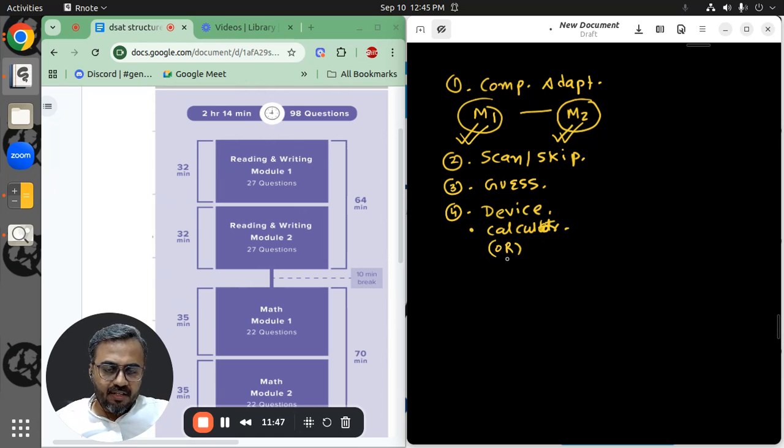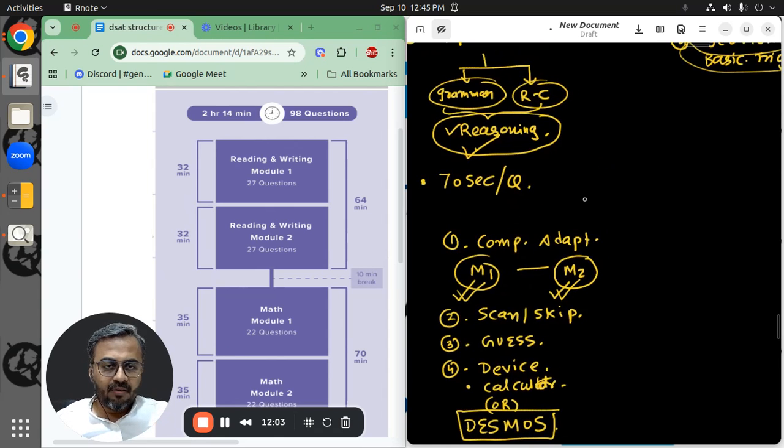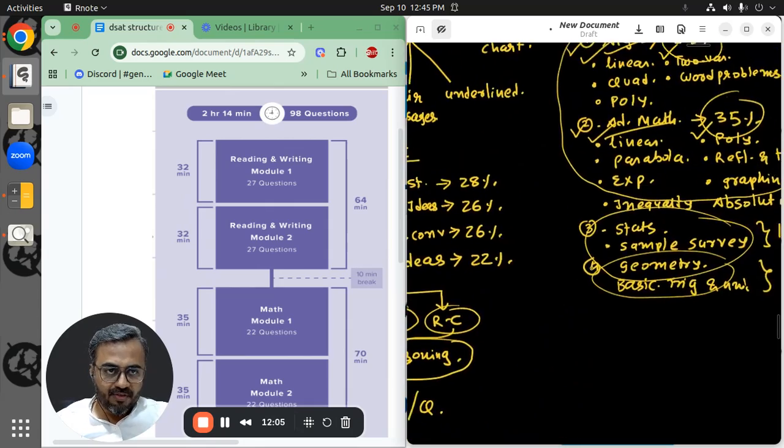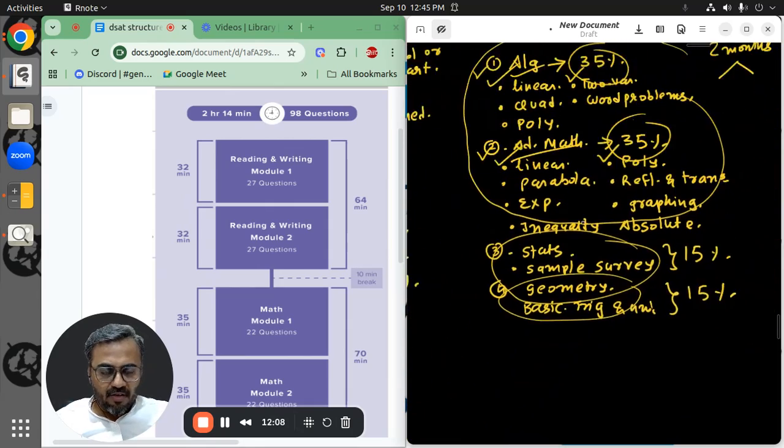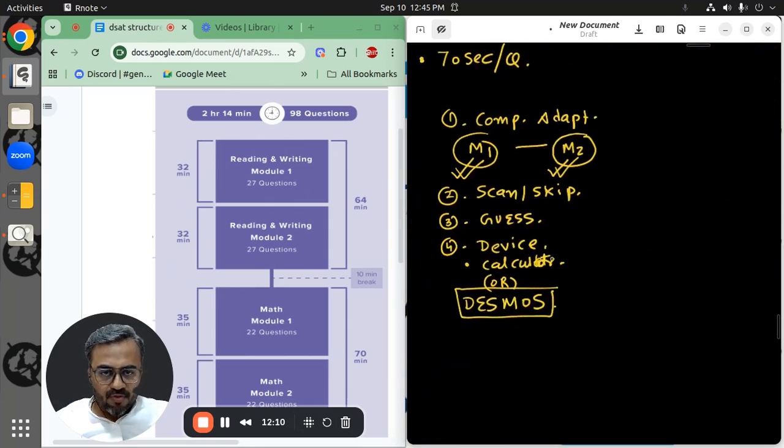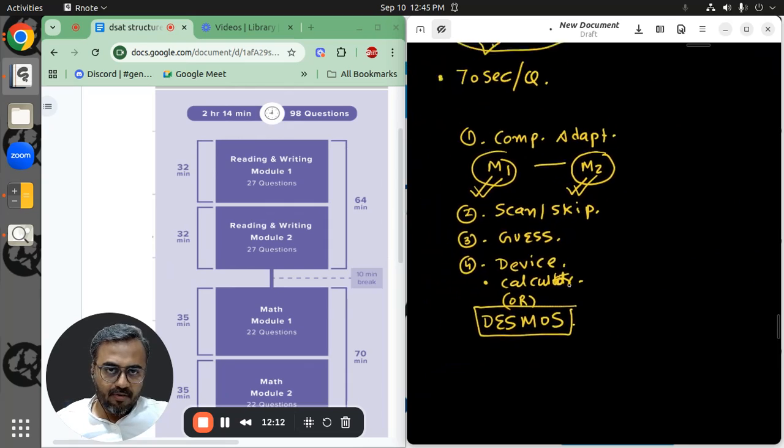But in the math section, your exam software is integrated with the Desmos graphing calculator application. So even if you don't bring a calculator, most of the things can be done with Desmos when it comes to algebra and functions.